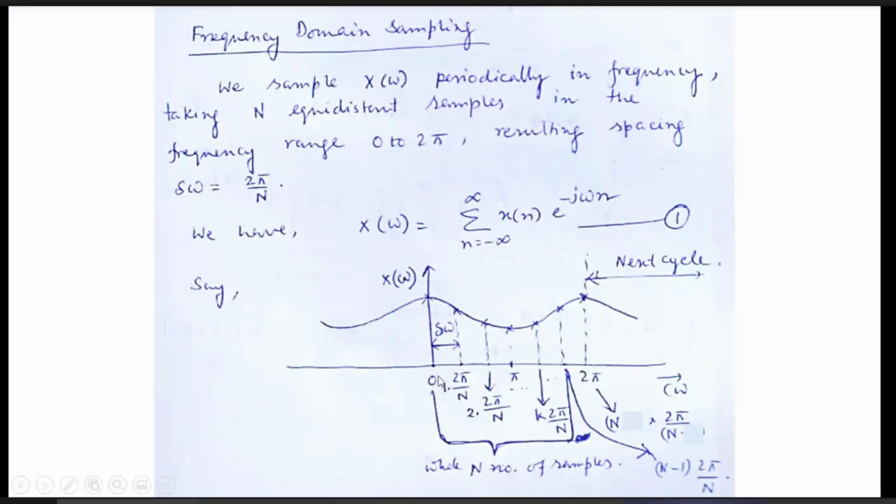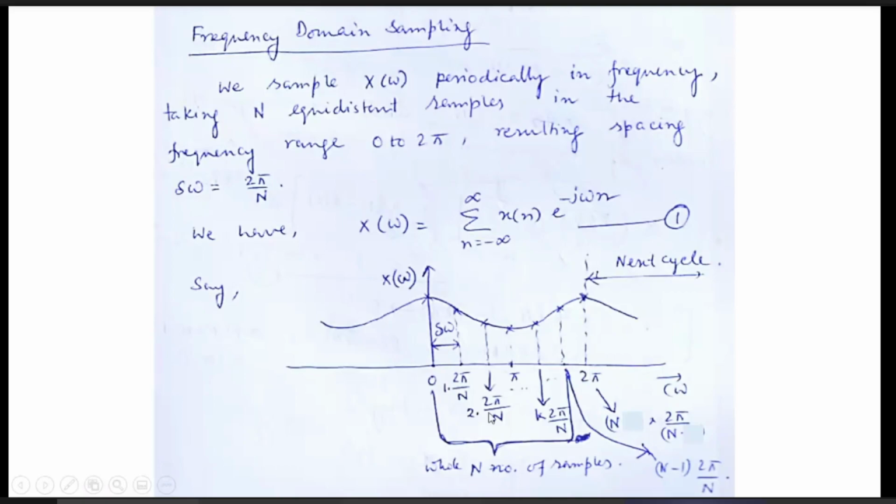we want to represent it in a convenient way, we can sample it at some discrete frequencies which are spaced by delta omega. Say we take N number of samples within 0 to 2 pi.